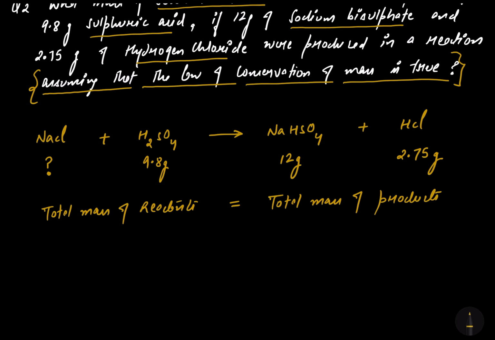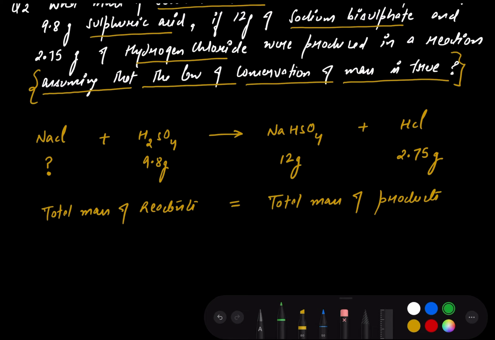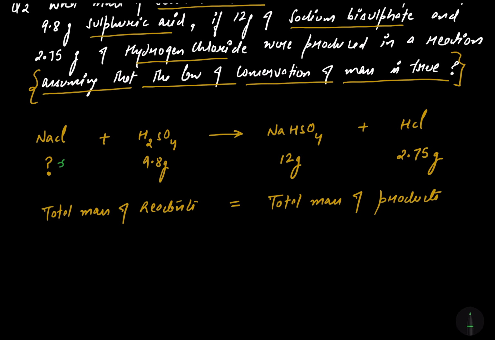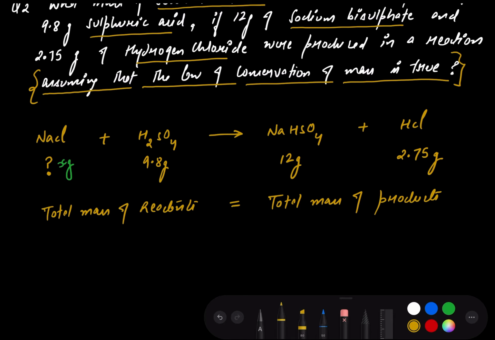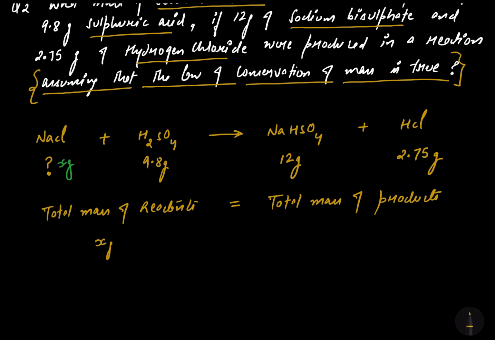So let us assume this weight to be x grams. So how will this question go on further? Total mass of reactants is x grams plus 9.8 grams. It is equal to 12 grams plus 2.75 grams.